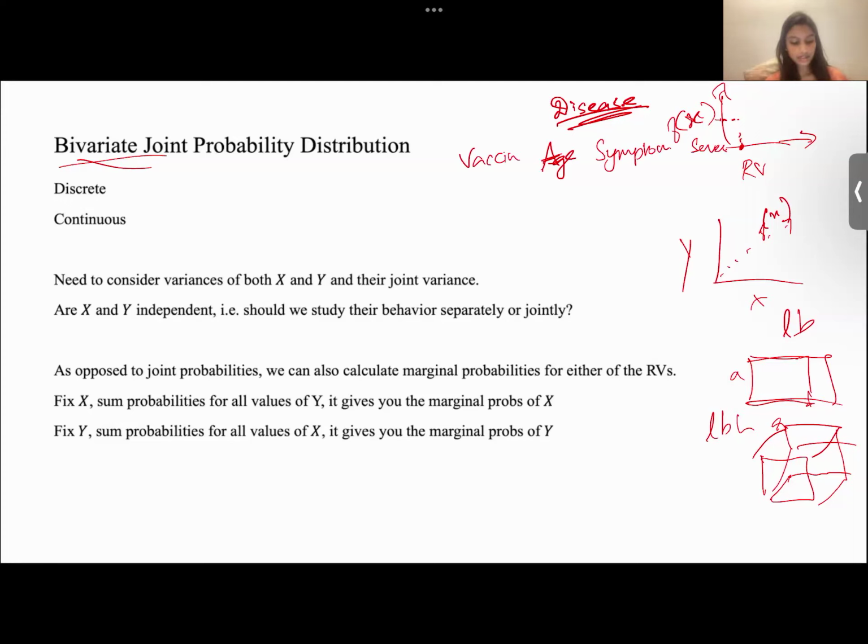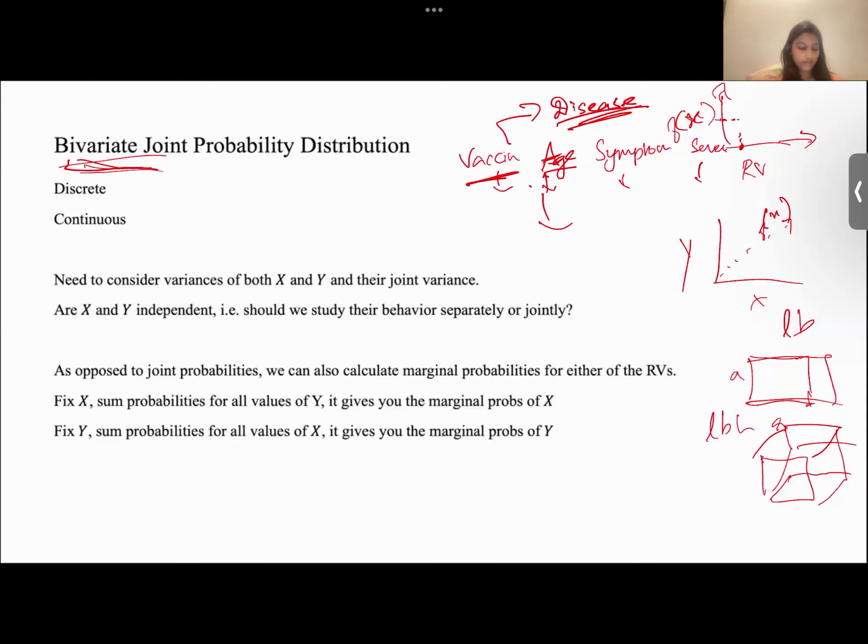These are all random variables that contribute to one outcome, which is the disease. But here we're just looking at bivariate, where two such variables contribute to an outcome. That's the gist of this.